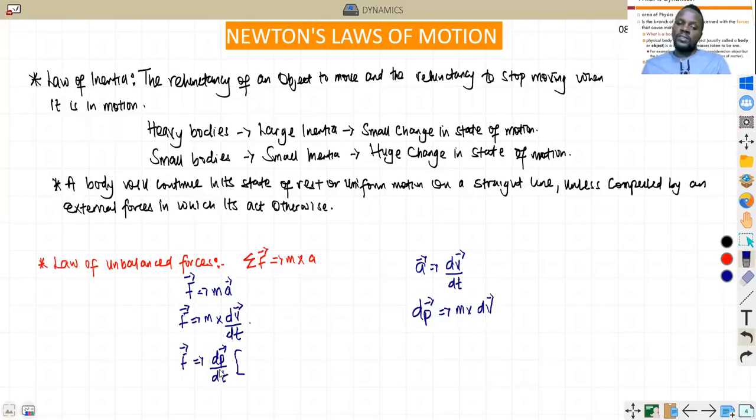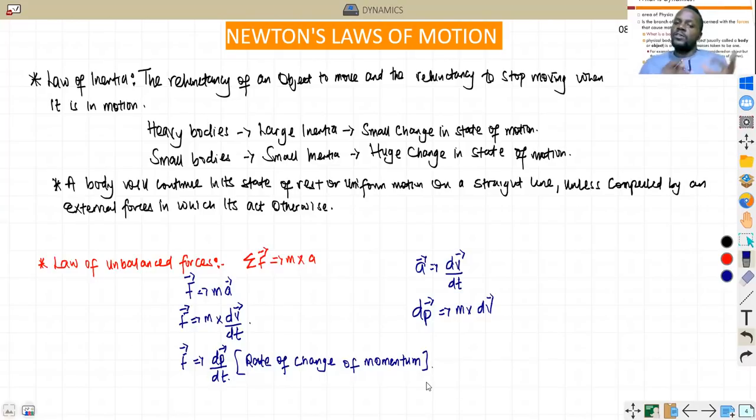What can I call this? This is the rate of change of momentum. So the second law of motion according to Isaac Newton is also the law of rate of change of momentum.